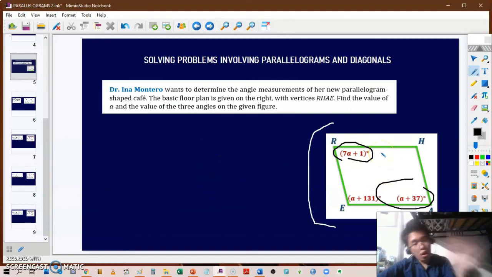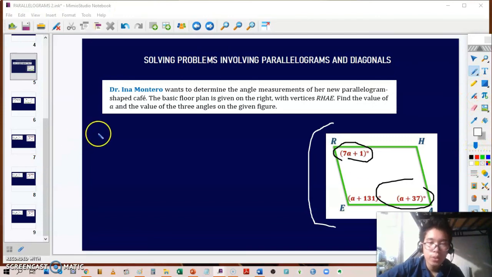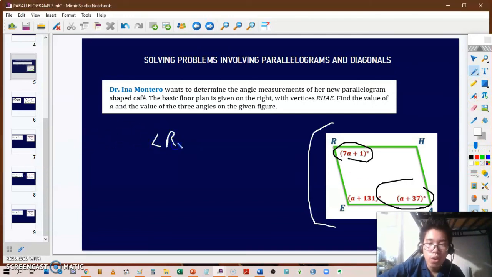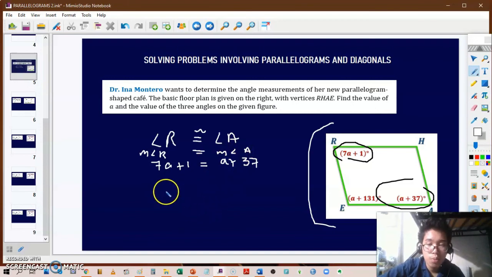We all know that the opposite angles of a parallelogram are congruent. Therefore, angle R is congruent to angle A. We've already proven that in our previous proofs. So 7A plus 1 is equal to A plus 37, because the measurement of angle R is equal to the measurement of angle A. Therefore, we can do a transposition, using the addition or subtraction property of equality.